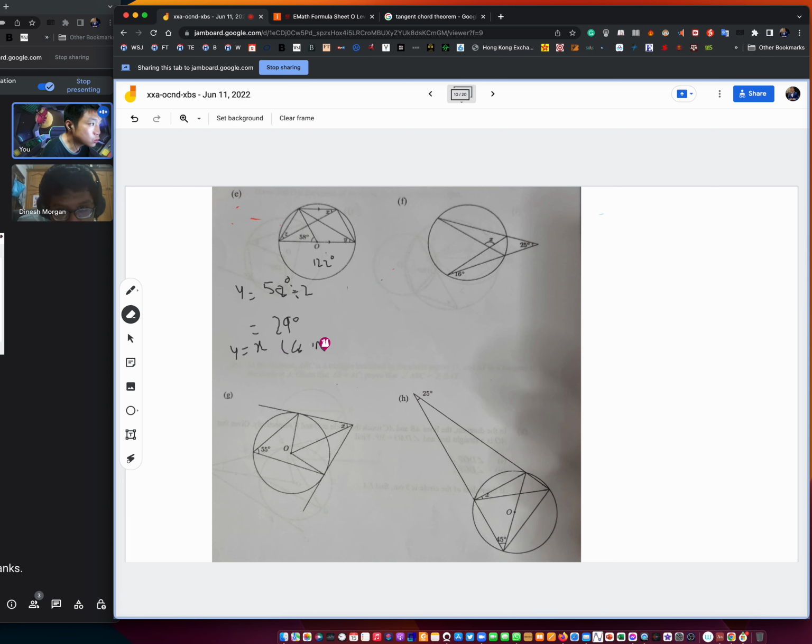Y is equal to X, Y. Segment, correct. So you just make sure that your school use the same reasoning.